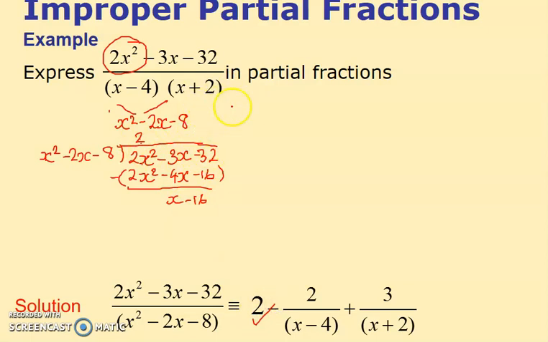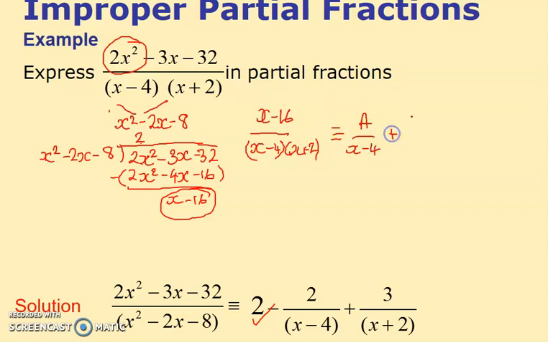But I'm not finished here yet, because this bit still hasn't been divided. And it's this bit that I do the partial fractions with. So x minus 16 has still got to be divided by the x minus 4, x plus 2. So let's do this quickly. I'll write that as a over the first one, plus b over the second one.